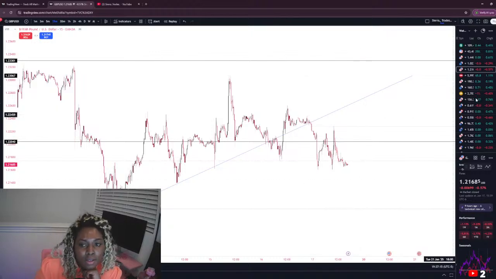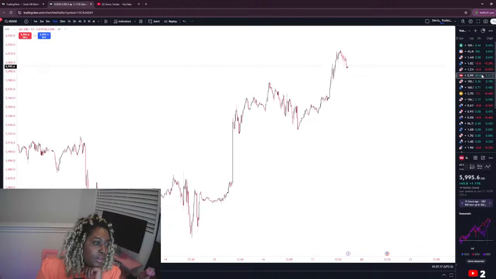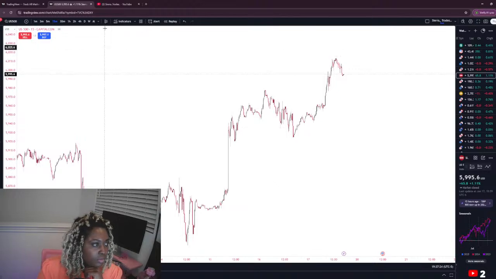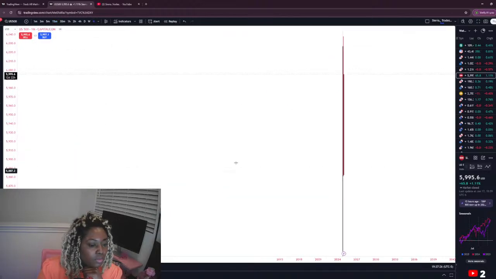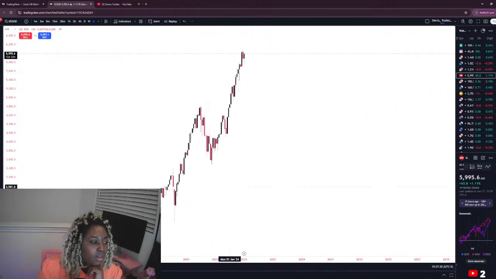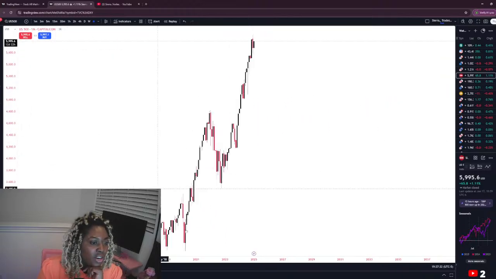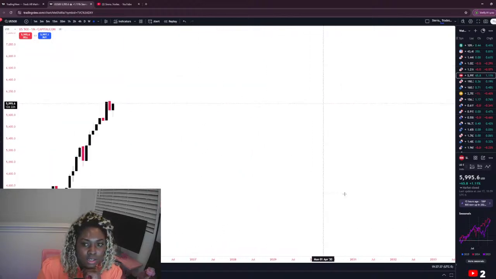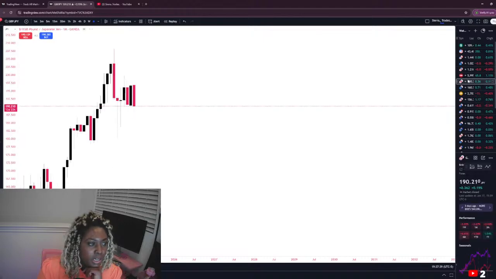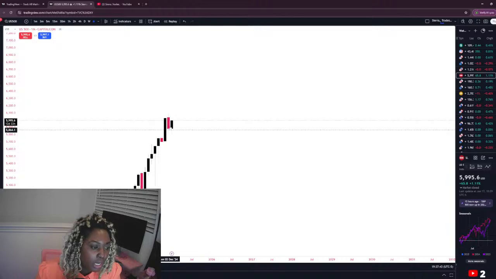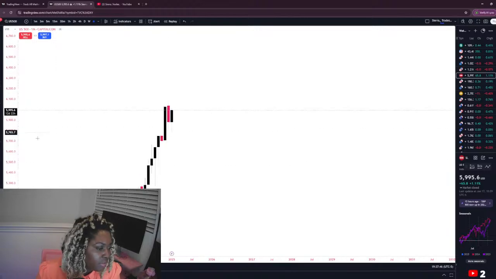All right. Let's see. We have SPX. SPX did the same thing as US 30. I don't think we looked at Nas yet. US 30 broke our low and it's definitely looking like it's higher than 50%.